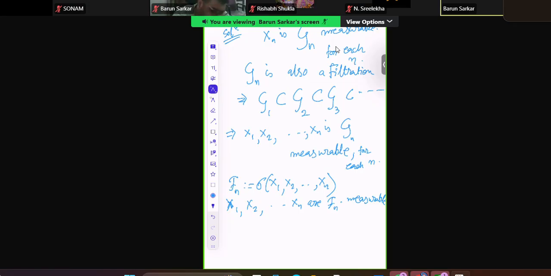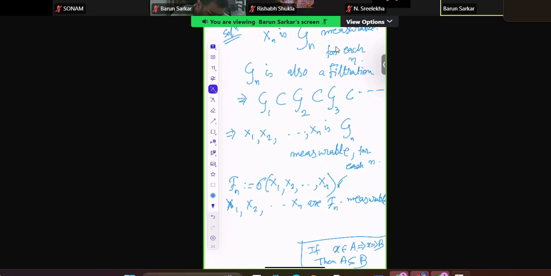And you show that this is also Gn measurable. I mean, something is contained in something else: if X belongs to A implies X belongs to B, then we say A is contained in B, right? This is my definition. So X1 to Xn are Fn measurable, and Fn is by definition this one.